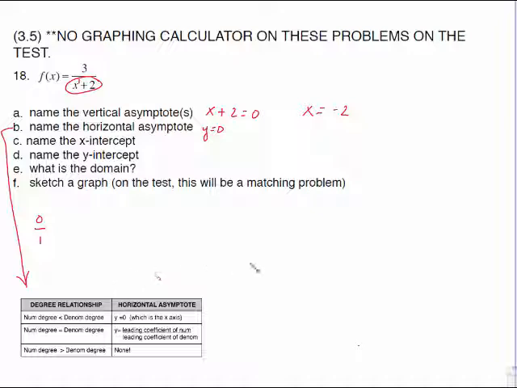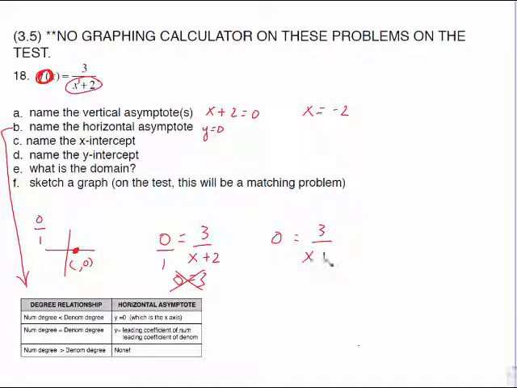To find the x-intercept, if you have a graph and you're looking for the x-intercept, that point is something comma 0. So to find the x-intercept, you let y be 0. So equation to try to solve, and I can't. If I cross multiply right here, I would have 0 equals 3, which is impossible. Or I could kind of try to reason this.